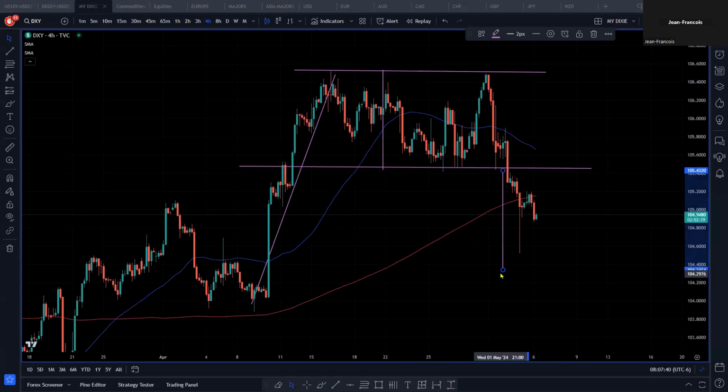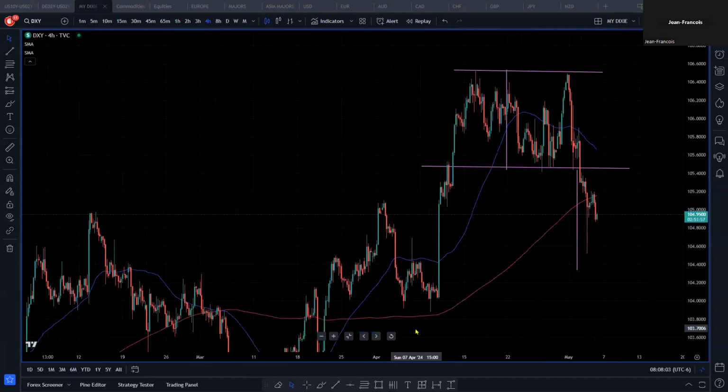Our destination is in this area, 104.30, 104.25, 104.35. So we have a destination for the dollar index, which gives us a destination in a roundabout way in the neighborhood for the euro.